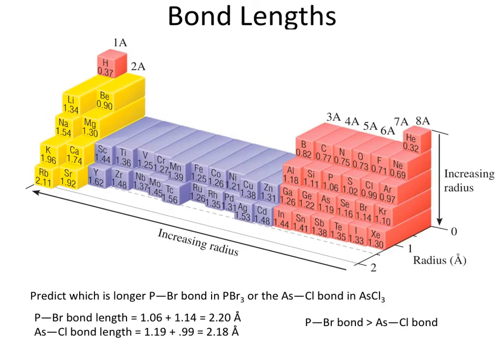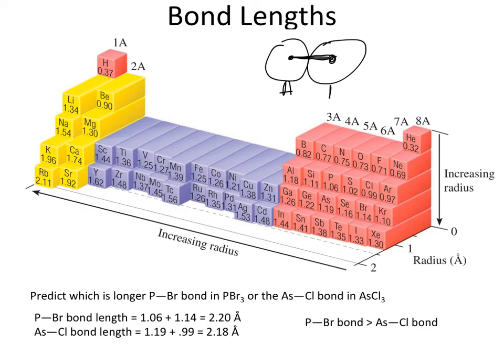So here we have a table of radii for all the different atoms. If I gave you a table like this, I may ask you to compare bond lengths of different molecules. And basically, remember the size, or the bond distance that occurs between two atoms, is going to be the sum of the two radii.